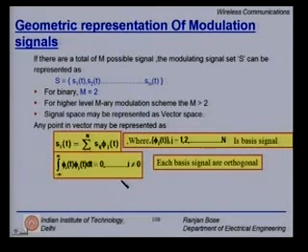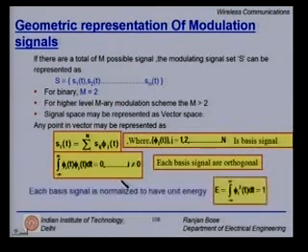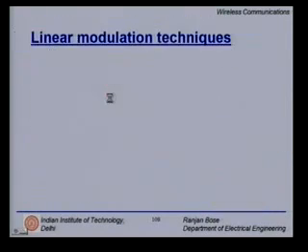Each basis signal is orthogonal, and each basis signal is normalized to have unit energy. So what it basically means is that your signal set may be represented as points on the signal space. The dimensionality is N, and M represents the number of symbols.